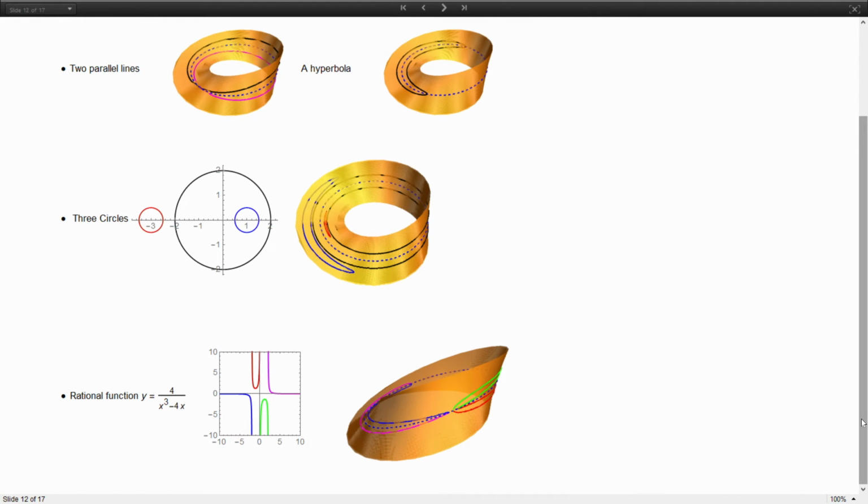Three circles. The black circle goes around the origin, so it goes all around the outside edge, so it goes around twice. But the other two don't, and so they're just circular or oval shaped.